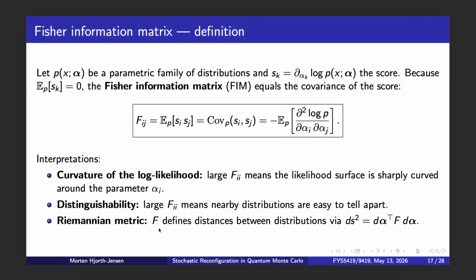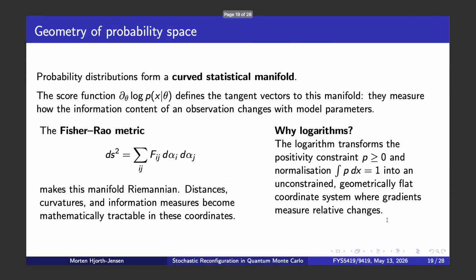Now, there's something which I will not go into, but you can actually define a metric here, which is a metric which defines the distance between distributions, and this will be the quantity you would optimize. And when you optimize a quantity, I'm going to skip that one, you get something which is called the Fisher-Rao metric. And the score function defines the tangent vectors to this manifold.